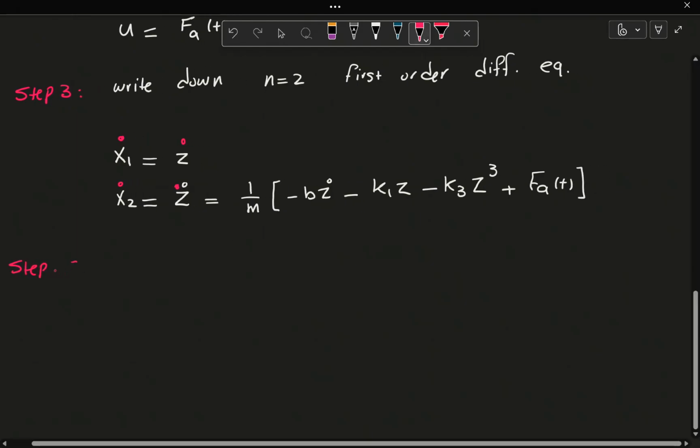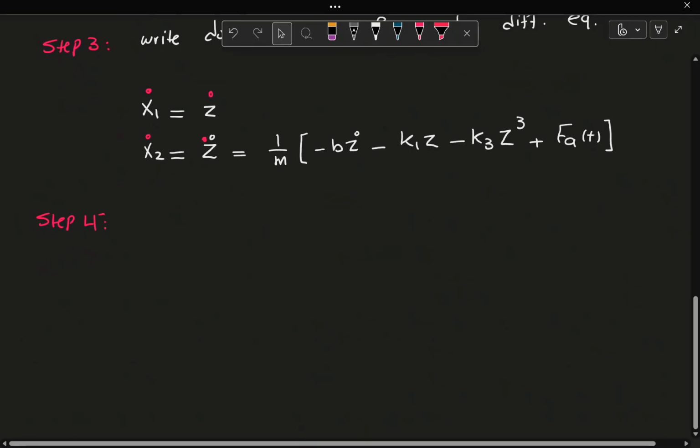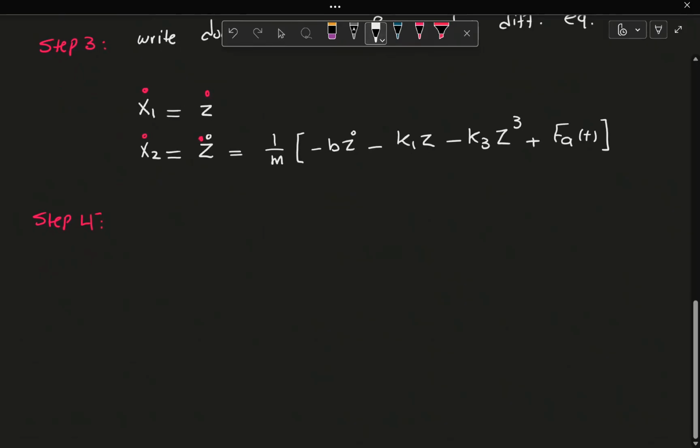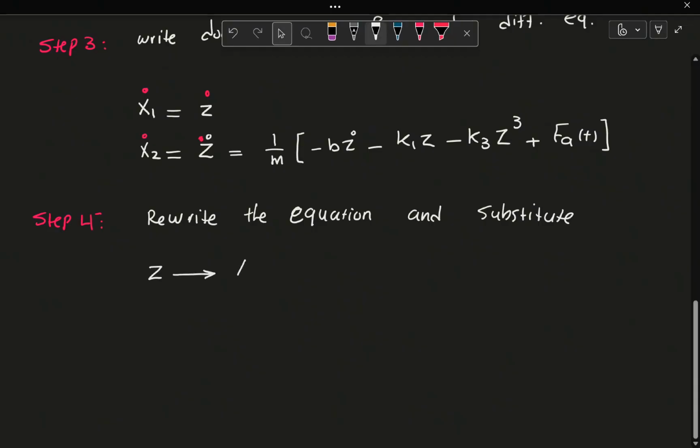In step 4, you're going to rewrite the equations and substitute z with x1, all the things that you had in step 2, z dot with x2, and f sub a with u.